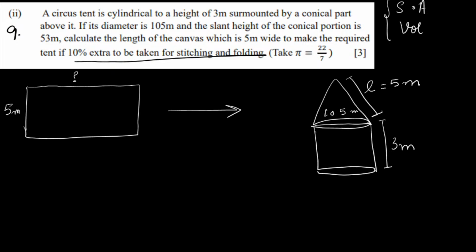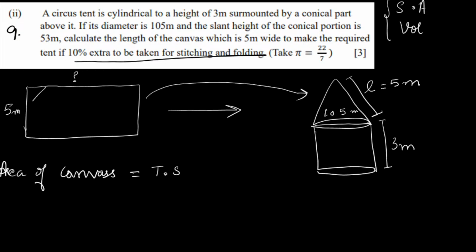See, areas we will equate. Area of this rectangle, we know. We'll write this: area of canvas is equal to total surface area of the tent, because the same surface is being converted to this tent.